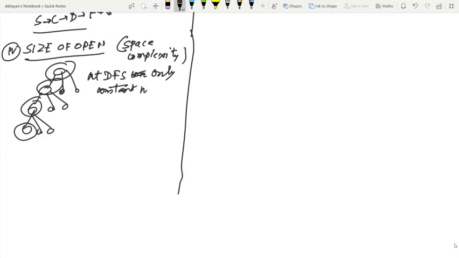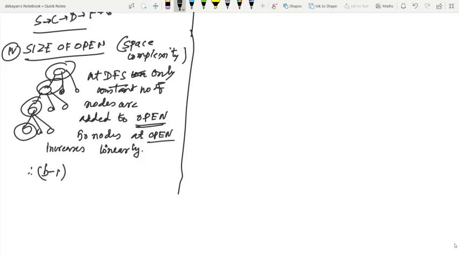So the nodes in open increase linearly. You can say b minus 1 nodes are added at each level. So you can see the space complexity like that.